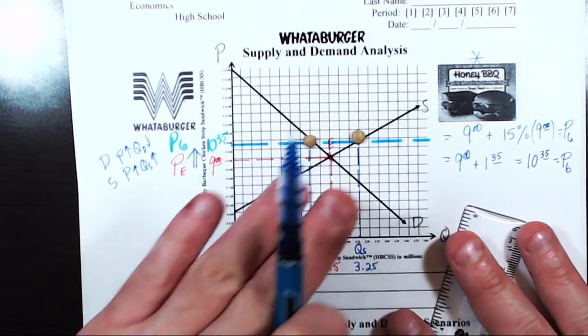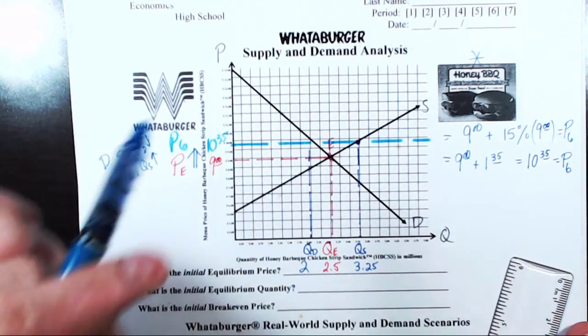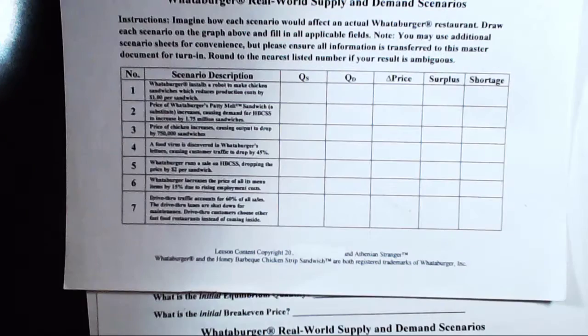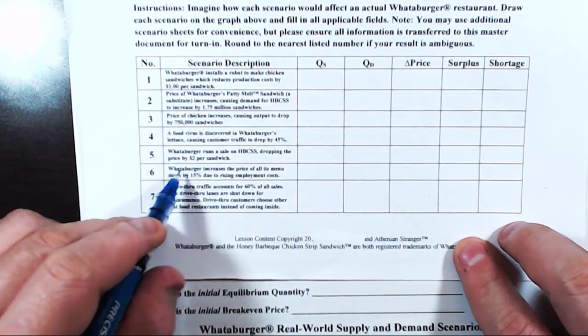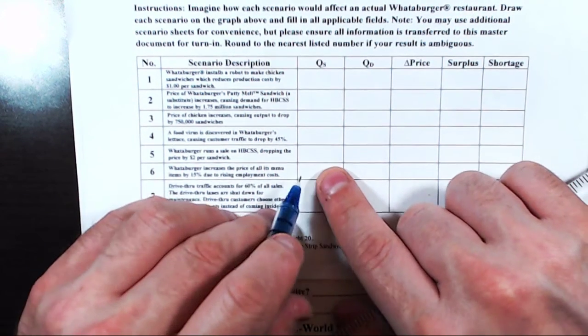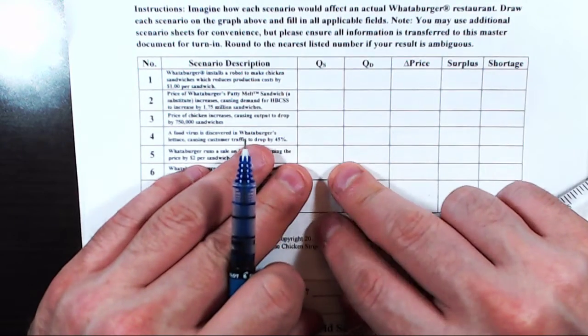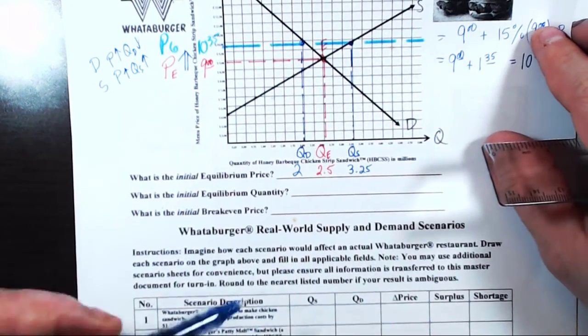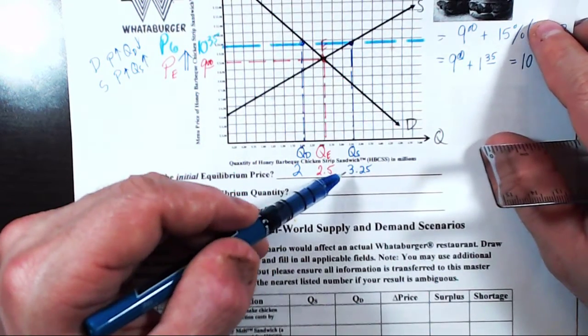All right, so we'll get rid of our lentils for now, and we will go to our table. Item number 6. Do we have a new quantity supplied? Yes, we do. The quantity supplied went up because the price went up, to 3.25 million.